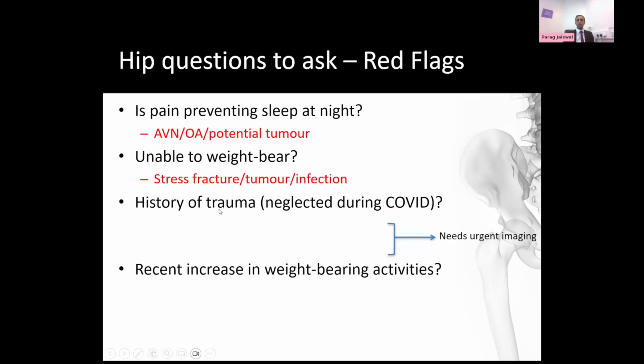Okay, history of trauma, we talked about fracture, but the other thing, which I saw a lot of during COVID and still see now and then, is an undisplaced acute fracture where the patient limps and limps, and then it progresses to a non-union, and the leg becomes shortened. I've seen a few of those even post-COVID, a year or two ago.